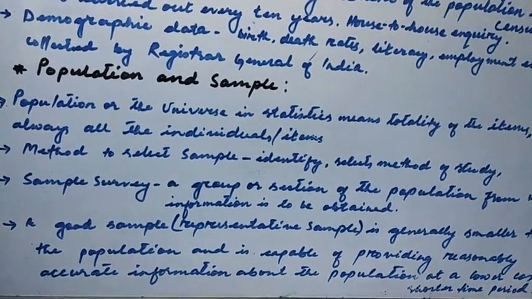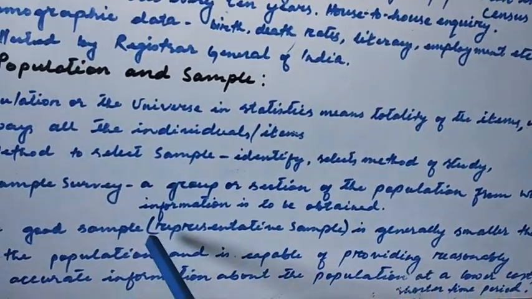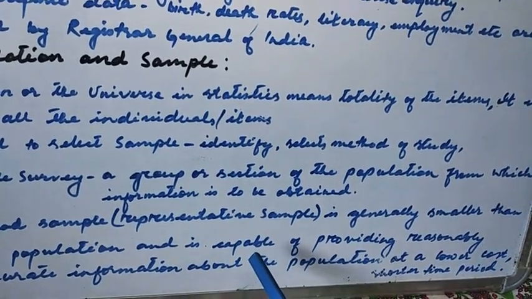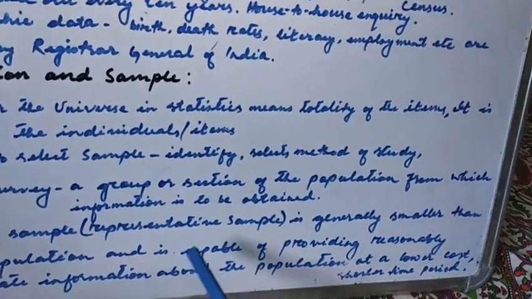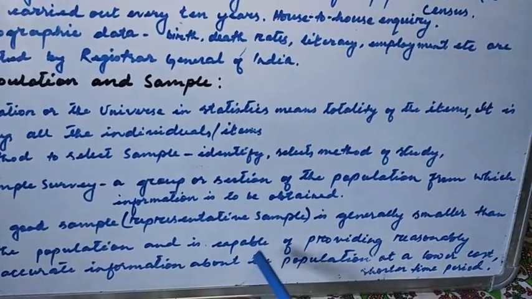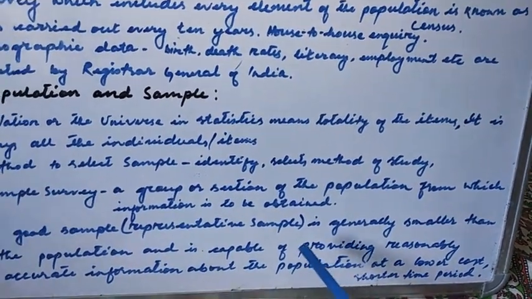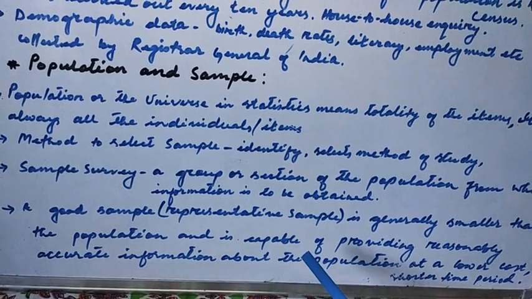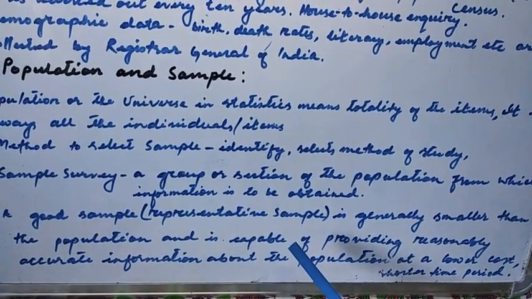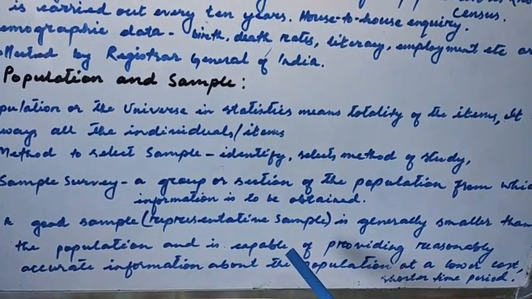And a good sample, or a representative sample, is generally smaller than the population. So it has to be smaller than the population, but it should be able to provide reasonably accurate information about the population at a lower cost and in a short period of time. We are taking a sample because we don't have enough time to interview or ask for information from all the people or the whole population.